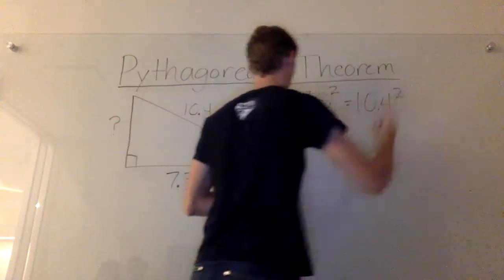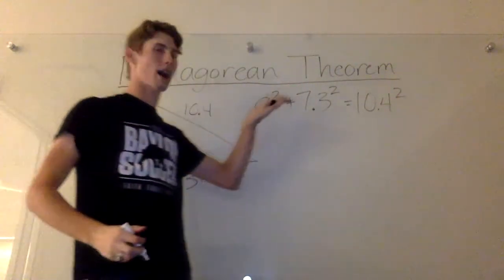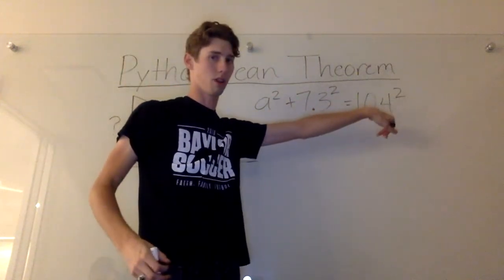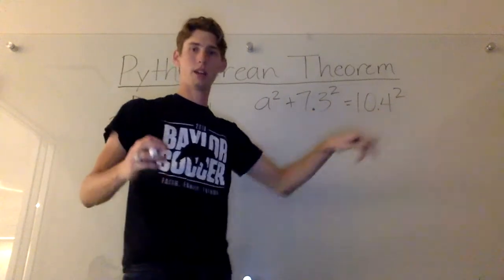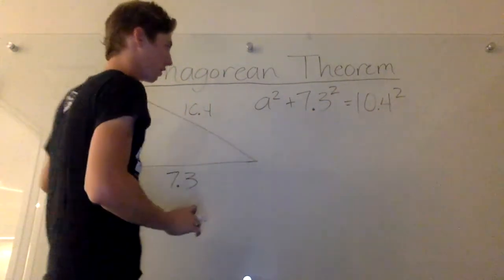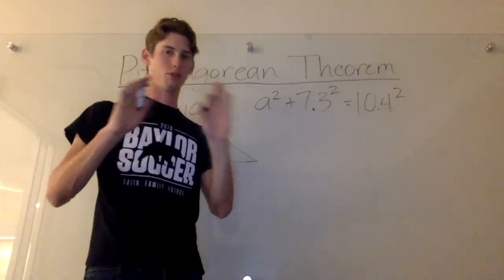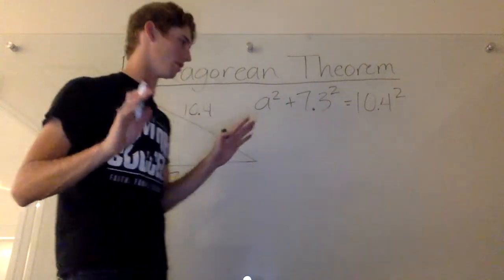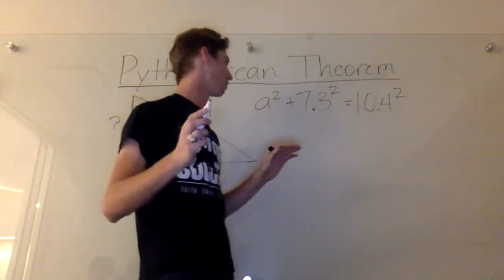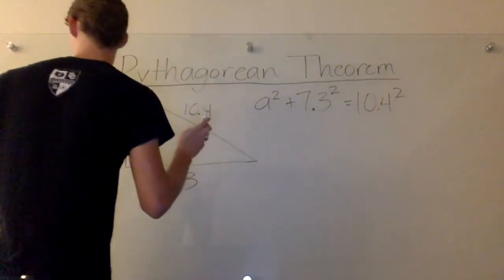10.4 squared. Now, obviously, I don't have 7.3 squared or 10.4 squared memorized, but this is something you can really easily type in your calculator, which I've already done. I've got a little cheat sheet, so if you see me doing this in my head, don't worry. It's not just because I'm super smart, which I am, but not on memorizing decimal squares.